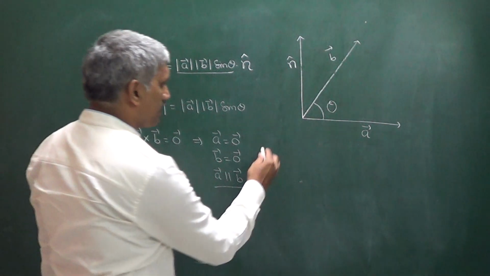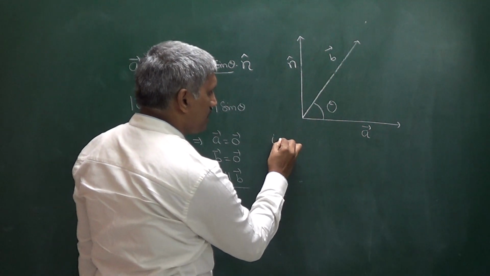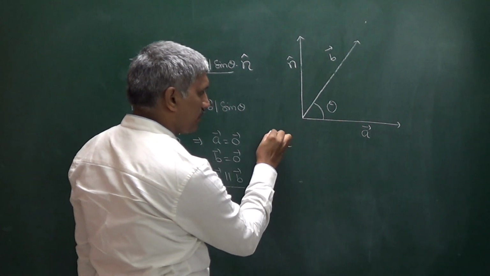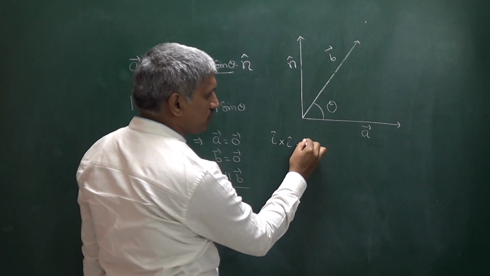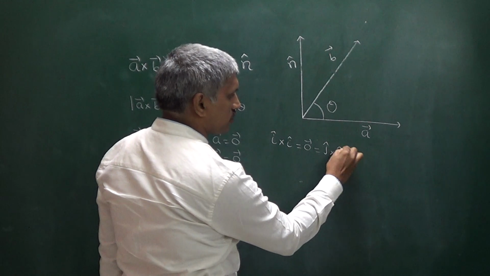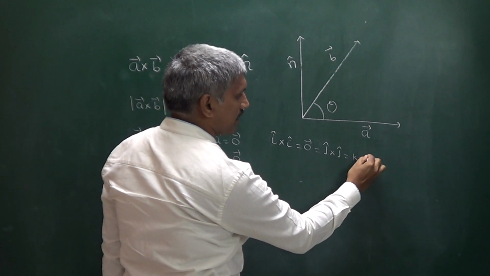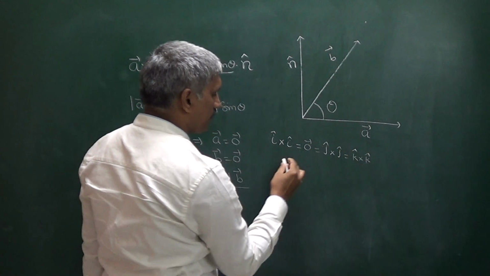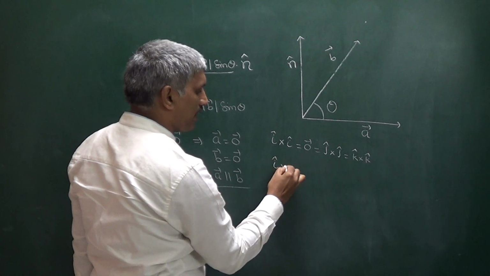So now what can you say about I cross I? I cross I is equal to 0 bar, that is equal to J cross J, that is equal to K cross K. But what about I cross J?